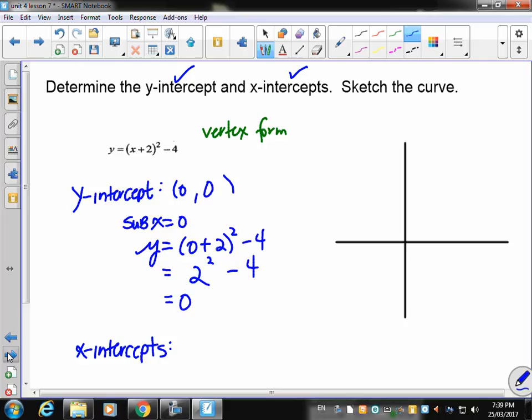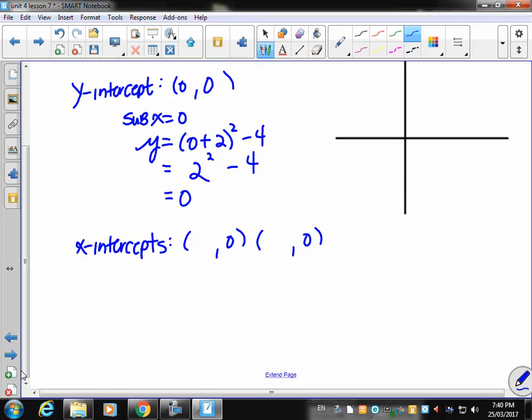For my x-intercepts, I know I could have 2 of them, potentially, and the y value is 0 in both cases. So I'm going to substitute y equals 0 into the equation. We tried this yesterday. We're going to try again.